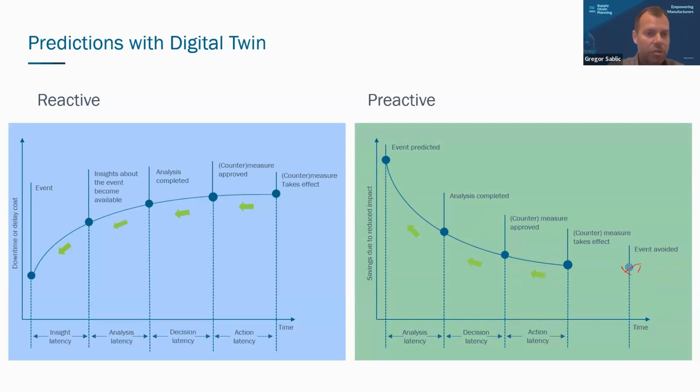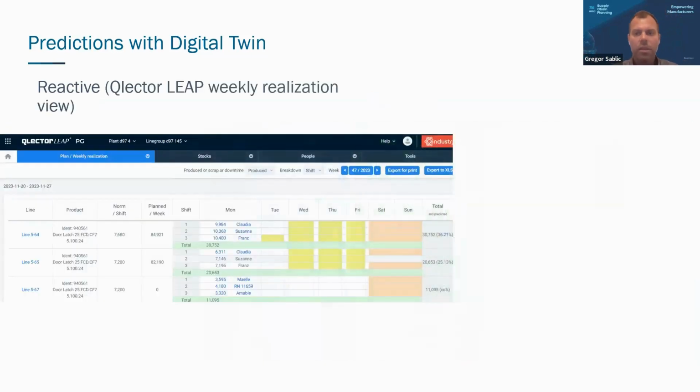To turn that into our digital twin, let's see how that reflects in a real case. Here I have a display, one cut of our solution, which is typically reactive. It's a weekly realization view, which is a comparison between the confirmed planning scenario from the planner and the realistic realization through each and every shift.